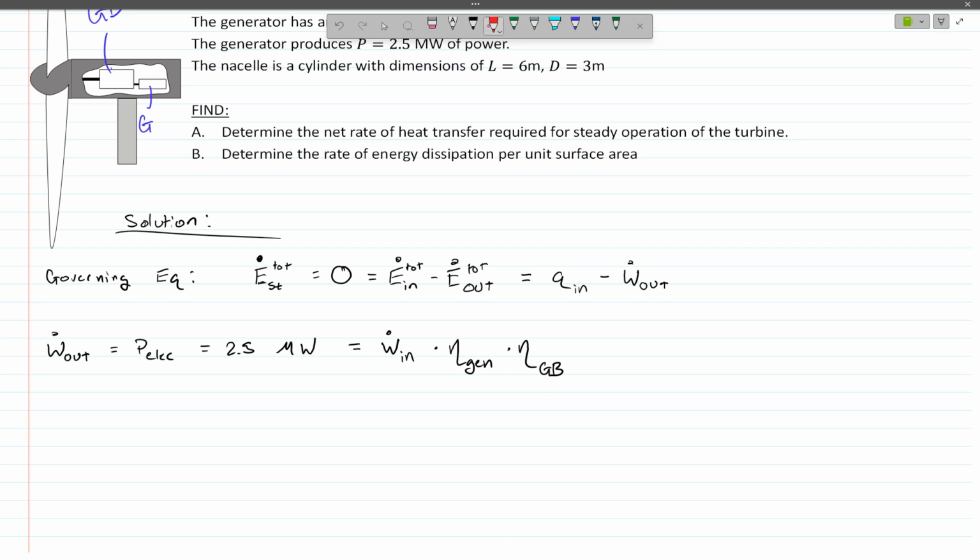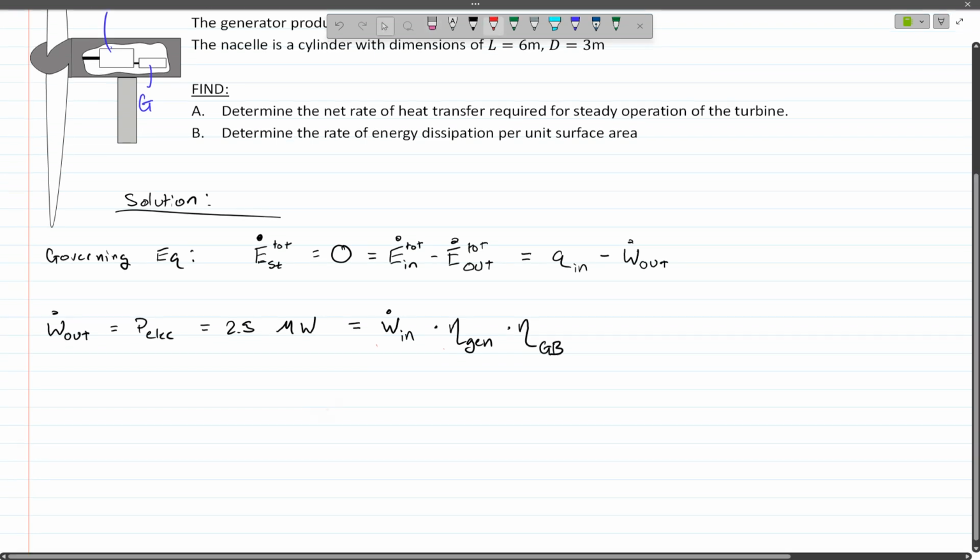We are going to be looking for that total work in, and from that, everything that's left over, however much this cumulative efficiency is less than 100%, that leftover power is just going to be the inefficiencies that convert it into thermal energy. And that's what we're going to have to dissipate, to get rid of through some sort of heat transfer process through the nacelle to keep this thing at a steady temperature.